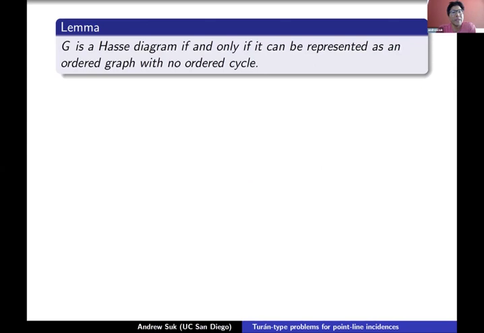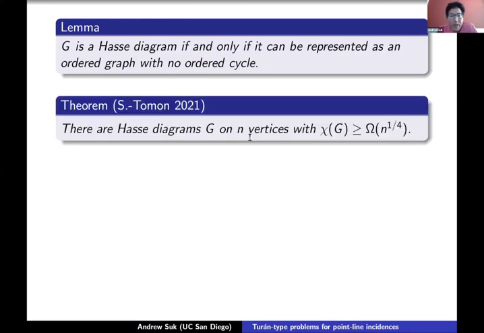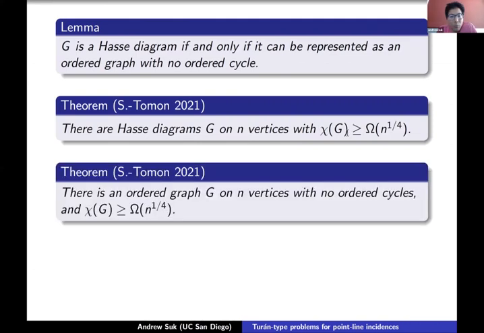But now that we know that a graph is a Hasse diagram exactly when it can be represented as an ordered graph with no ordered cycle, in order to show that there are Hasse diagrams with large chromatic number, what we showed is that there are ordered graphs on n vertices with no ordered cycle and with very large chromatic number.